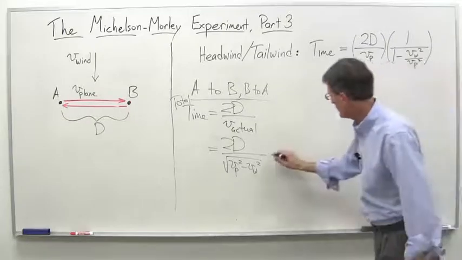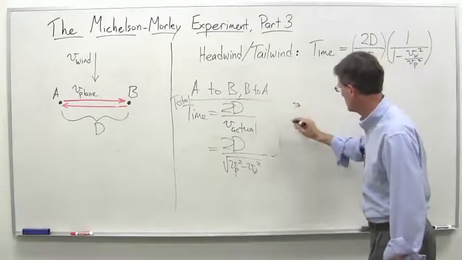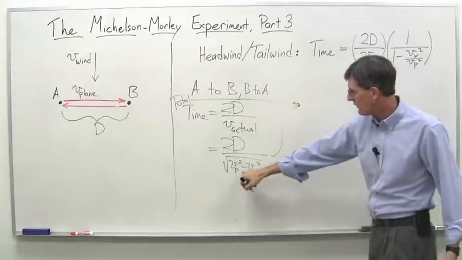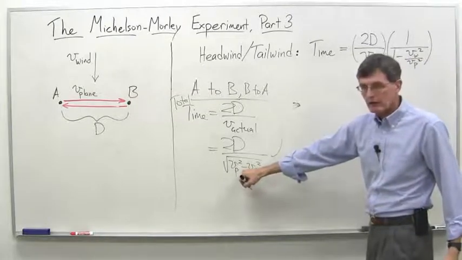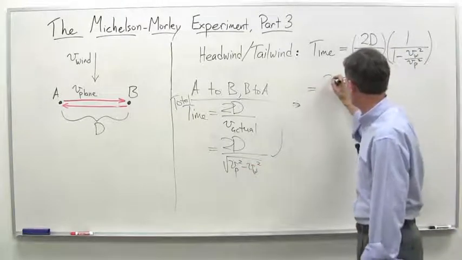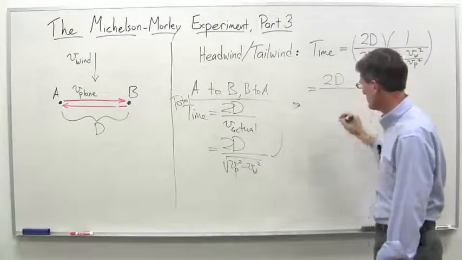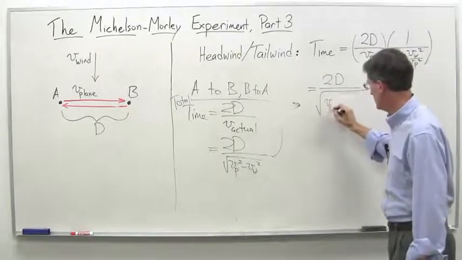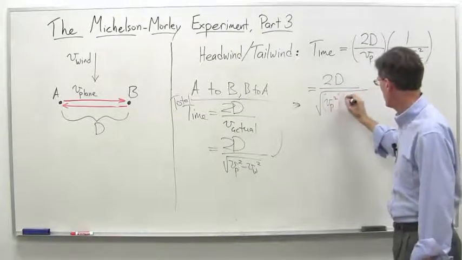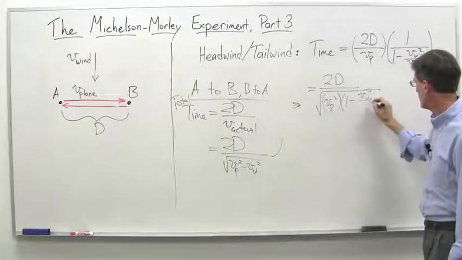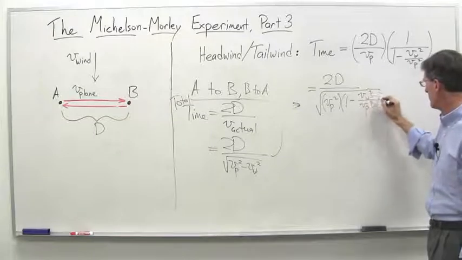So let's do our little mathematical technique here. And we're going to factor out a Vp squared from here. And we'll do it step by step so we can see what we're doing. So this equals 2d over the square root of Vp squared times 1 minus Vw squared over Vp squared.